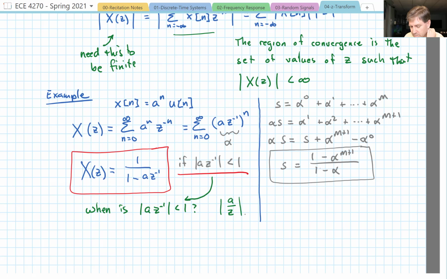But that has to be less than 1. In other words, Z has to be greater than A in magnitude. When Z is larger than A.